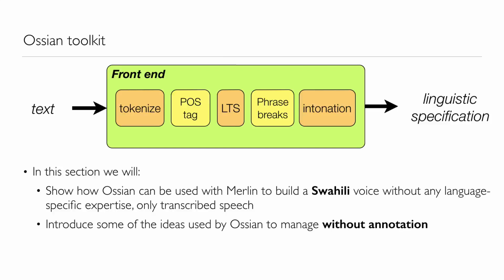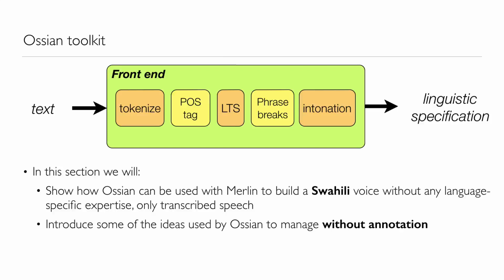So as a running example, I'll take a target language that we became interested in last year and we started working on a little bit, so Swahili. And I'll show you kind of the first approach we followed to building a voice in this language.